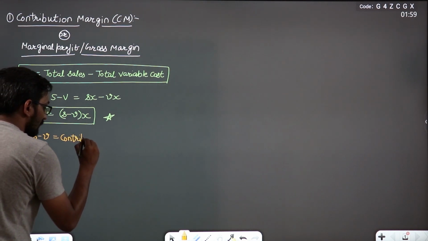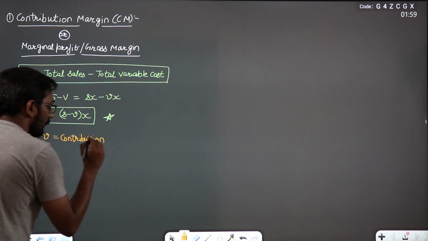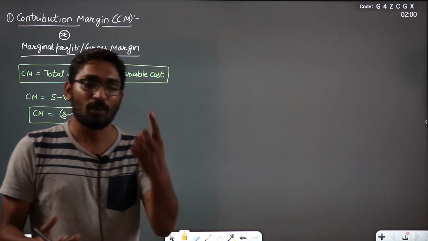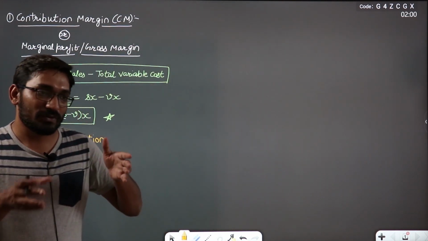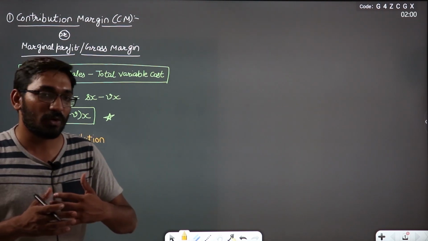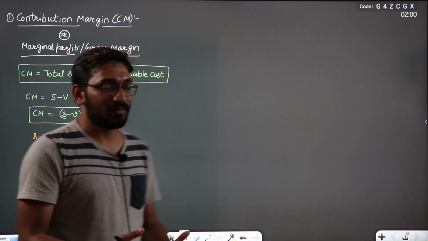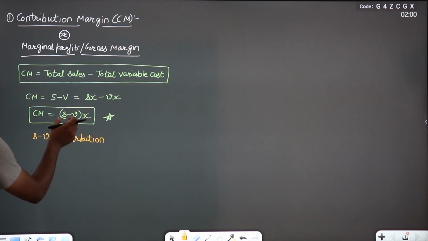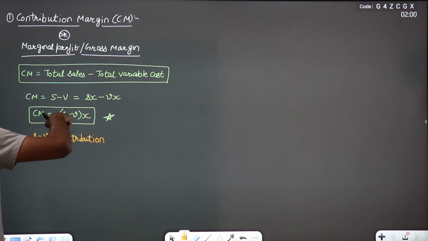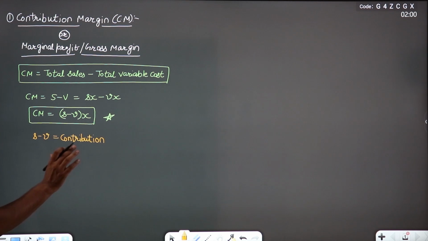Contribution means that if you increase the number of units produced by 1, suppose right now you are producing only 10 units and you want to produce 11 units, then the increase in profit is small s minus small v. For 1 unit the selling price is small s, and the variable cost is small v.